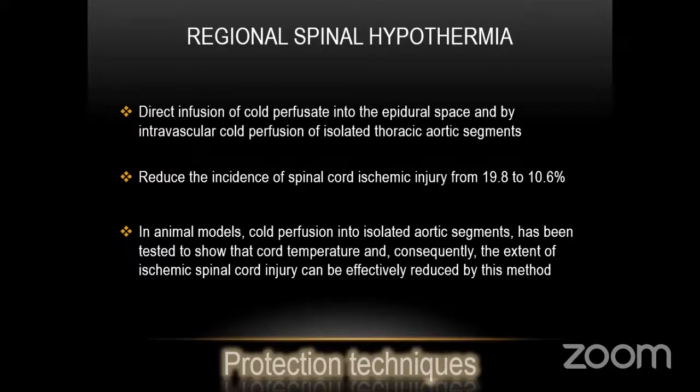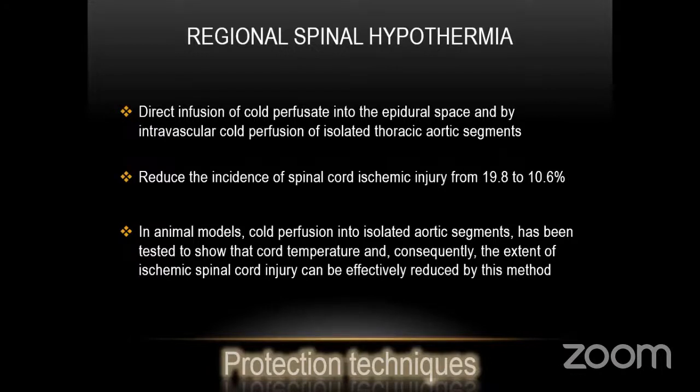Regional spinal hypothermia can be done as a direct infusion of cold perfusate into the epidural space and by intravascular cold perfusion of an isolated thoracic aortic segment. It reduced the incidence of spinal cord ischemic injury from around 20 to 10% in some studies.